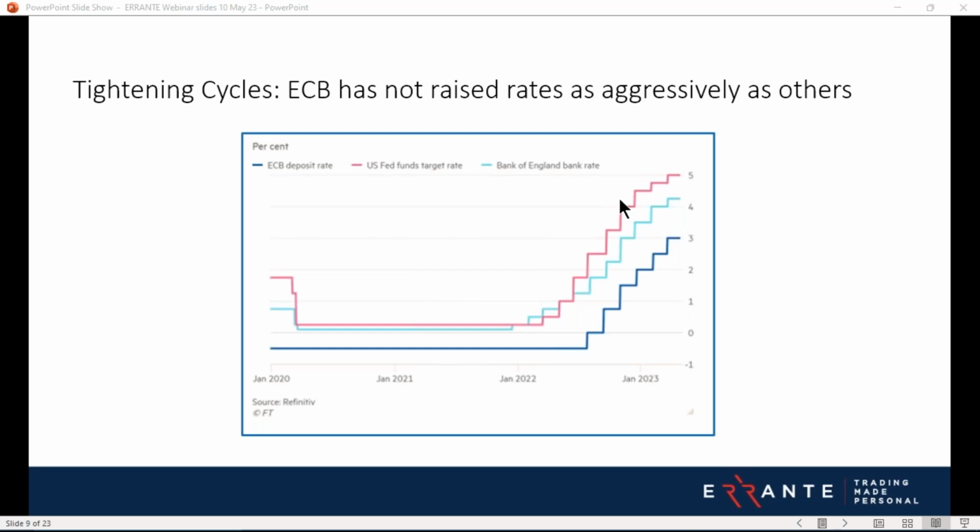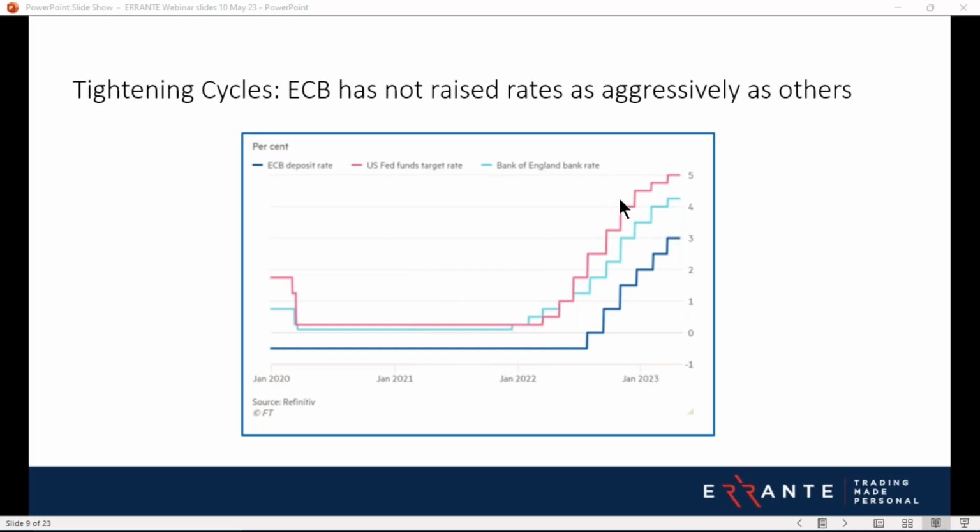I think the statement said that the committee will take into account the cumulative tightening of monetary policy, the lags with which monetary policy affects economic activity and inflation, and economic and financial developments. So in practice, what does it mean? Basically, the Fed at least temporarily produced a downshift in its forward guidance, but they avoided pre-committing to a definite pause, really deferring to incoming data and being data dependent.